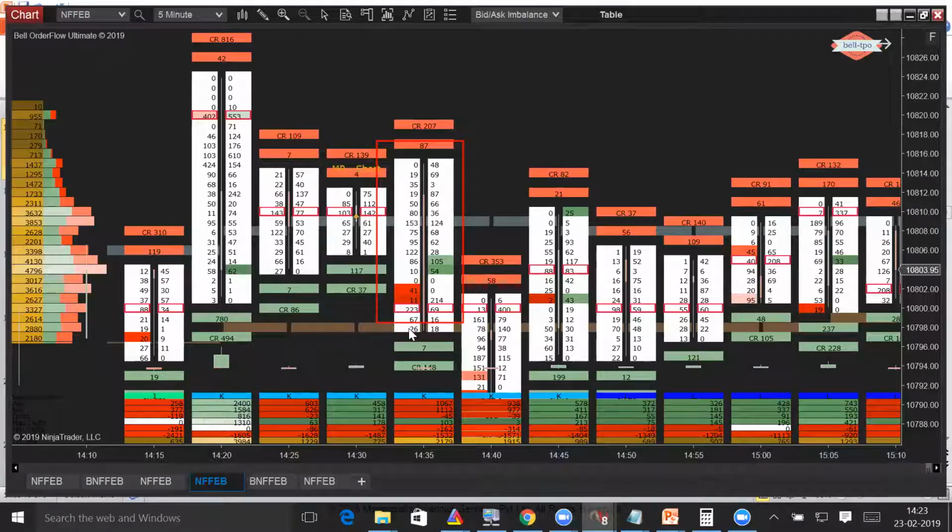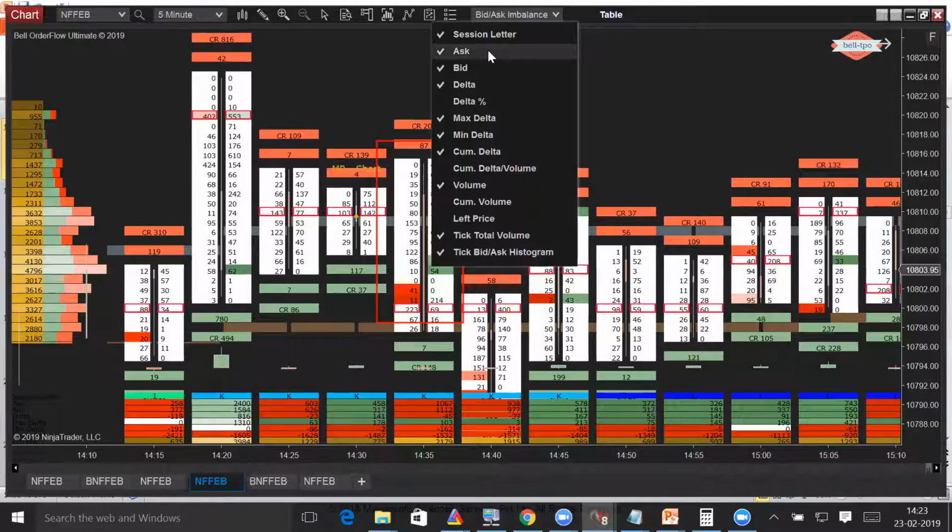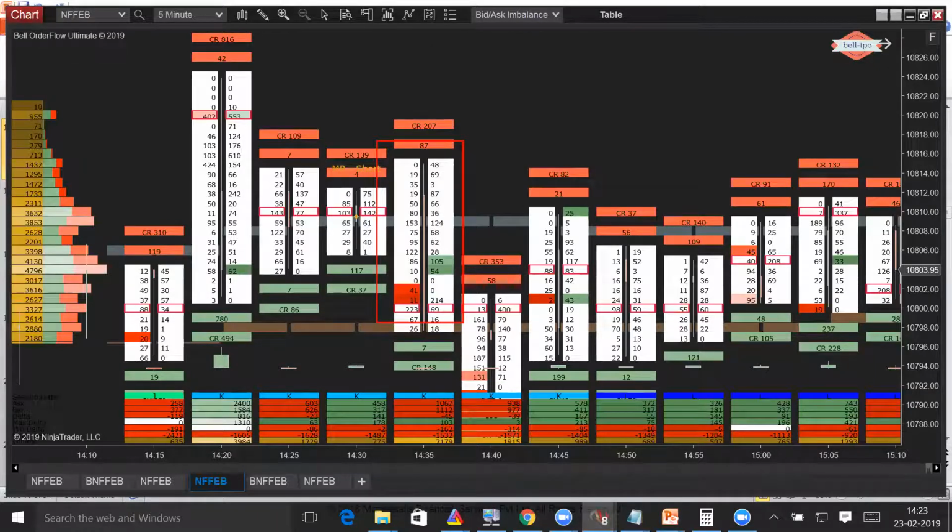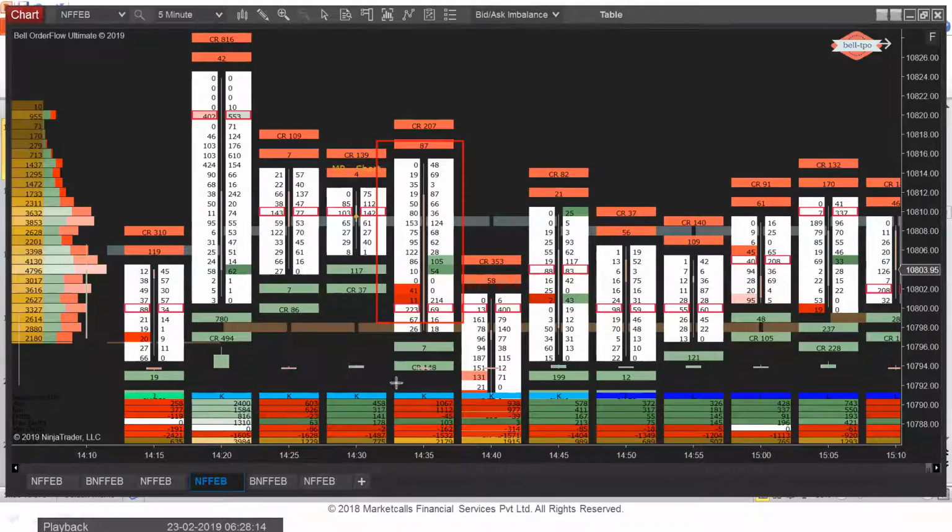So here, the letters are a little black in color, so I can control it from the table. The top one is the ask, the second one is the bid. So if you take this particular example, the top one, 1067, is the total number of buyers, that is the sum of all the buyers over here.